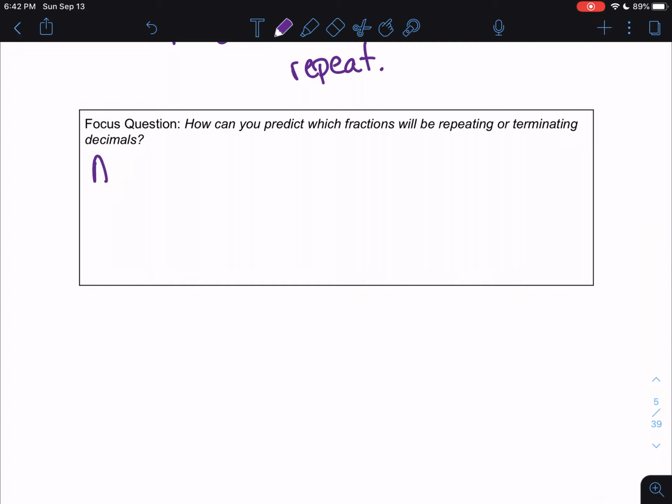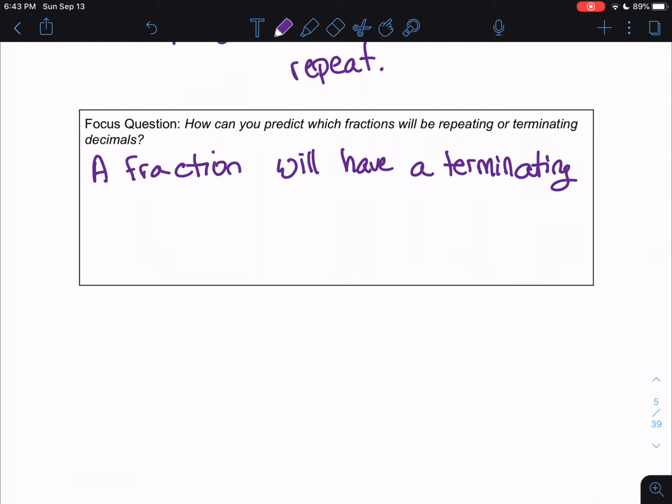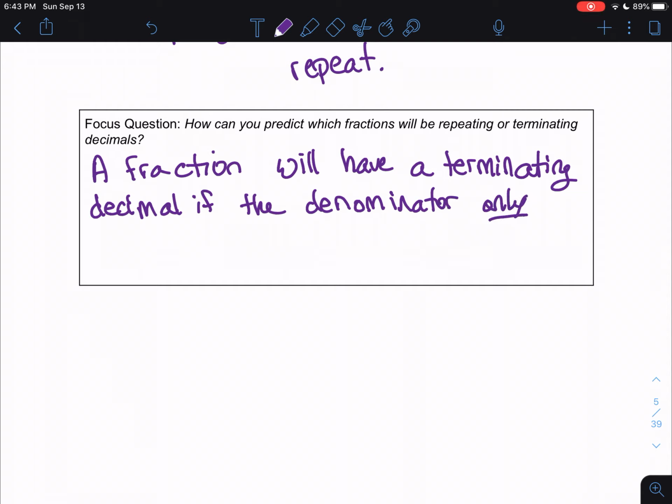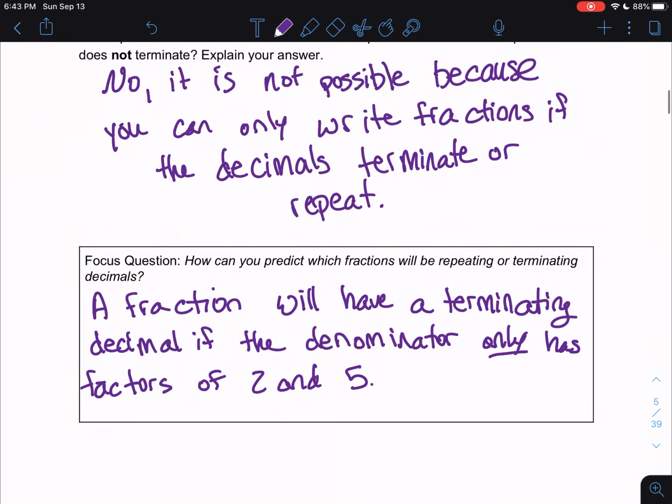A fraction will have a terminating decimal if the denominator, and that's the bottom number of a fraction, only has factors of 2 and 5.